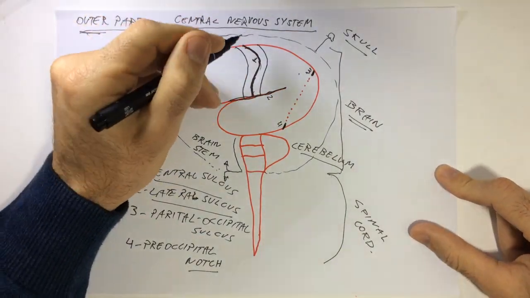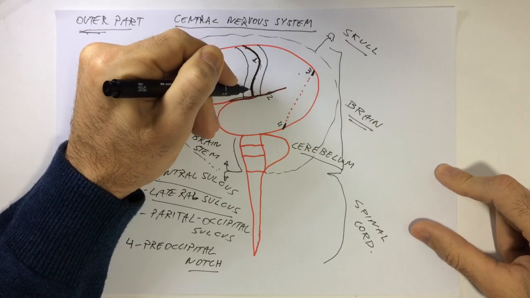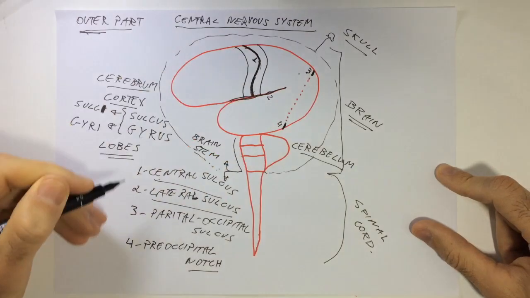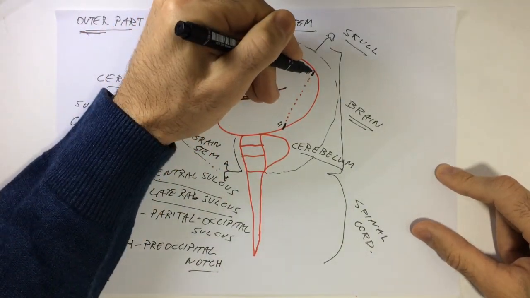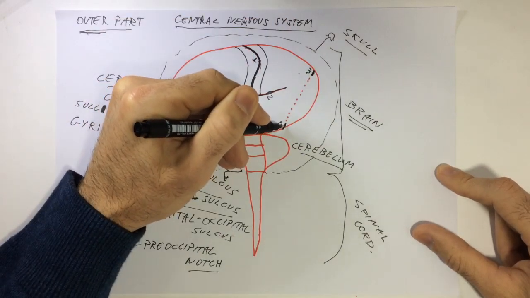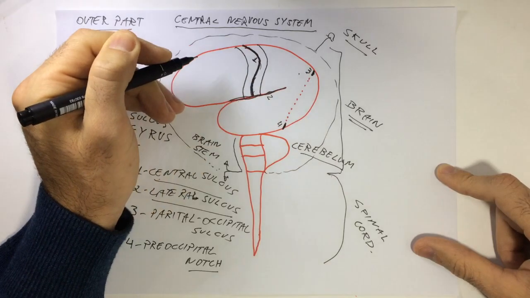And we can say that the main importance of these structures that I just named, the central sulcus, the lateral sulcus, the parietal-occipital sulcus, and the preoccipital notch, is that they divide the lobes.